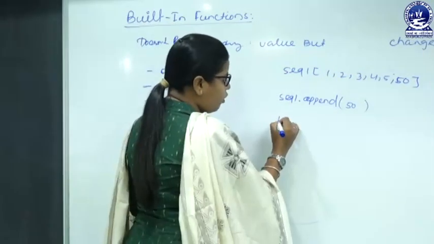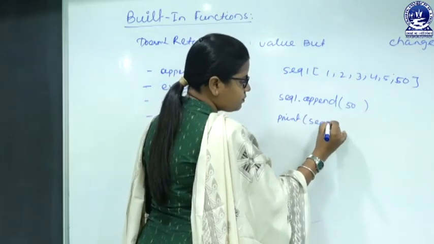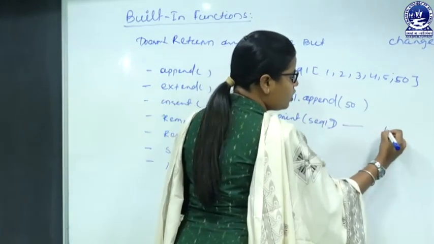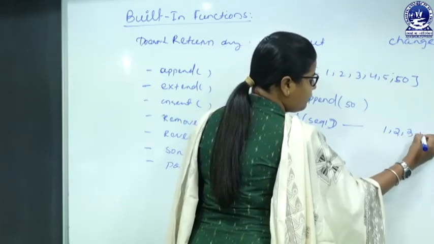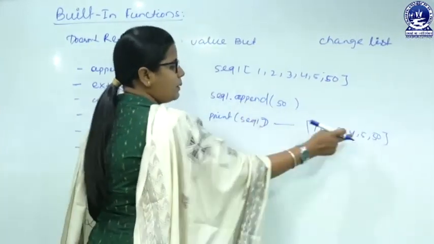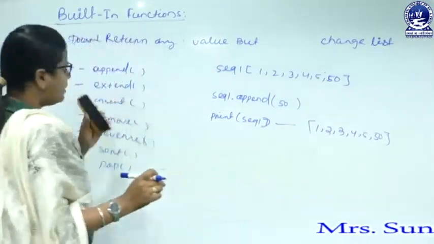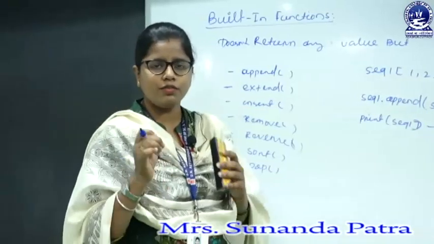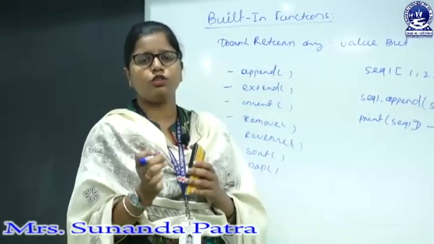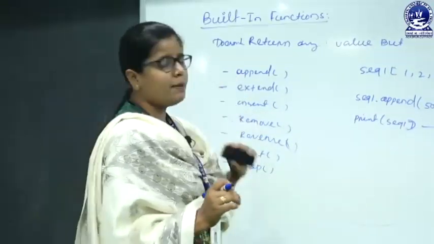If I print sequence 1, this will return 1, 2, 3, 4, 5 and 50. So by executing this, 50 will get added at the end of the list. But what about extend? When we want a single value to be inserted at the end of the list, I will go for the append function.